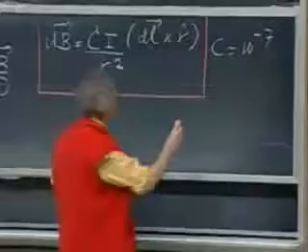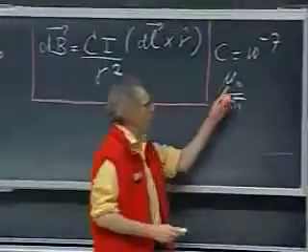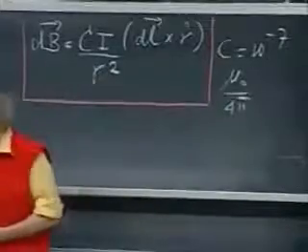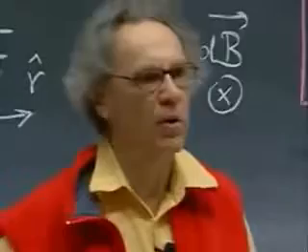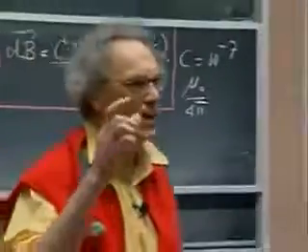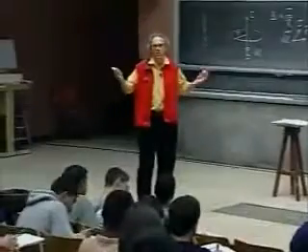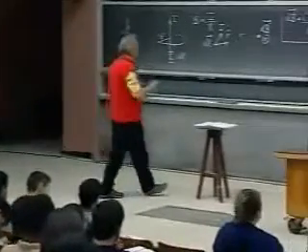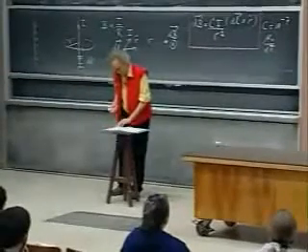We write for C mu 0 divided by 4 pi. And we call this mu 0 the permeability of free space. You've seen earlier with Coulomb's law that this constant, 9 times 10 to the 9th, we call 1 over 4 pi epsilon 0, what is in the name. And so here we call this mu 0 divided by 4 pi.